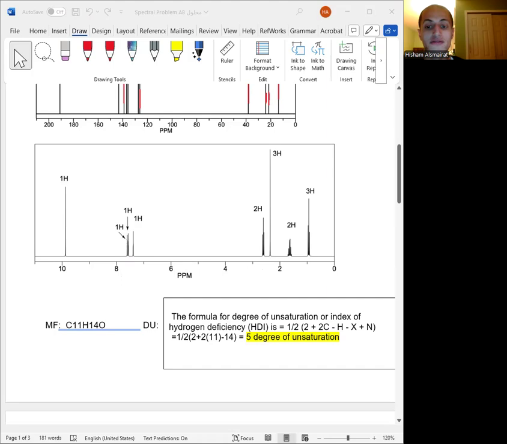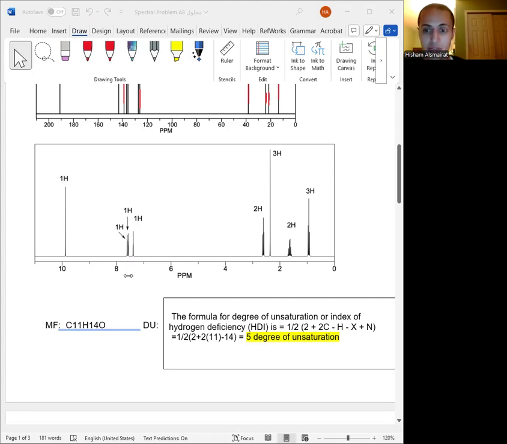Over here we have 7.40. Integration is 1H, multiplicity is singlet, and interpretation is 0 hydrogen. And we have 7.70.